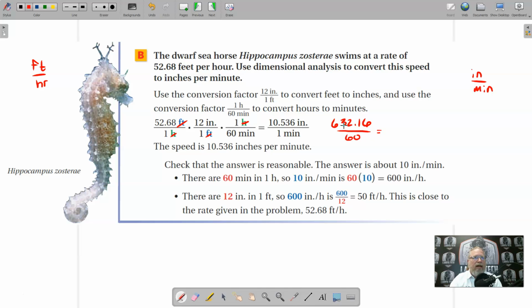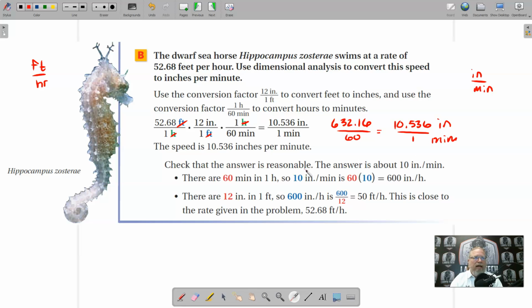So we're going to take that 632.16 and divide it by 60 to get a unit rate, and then we get 10.536, and since it is a unit rate, it's going to be 1, and that was indeed inches, and the denominator is going to be minutes. So we get the inches per minute.